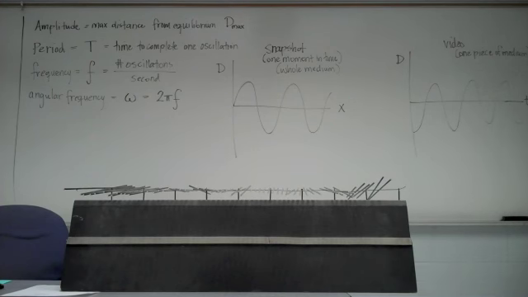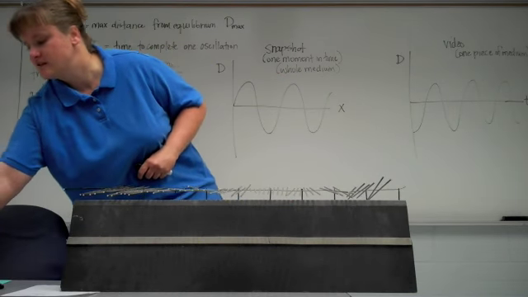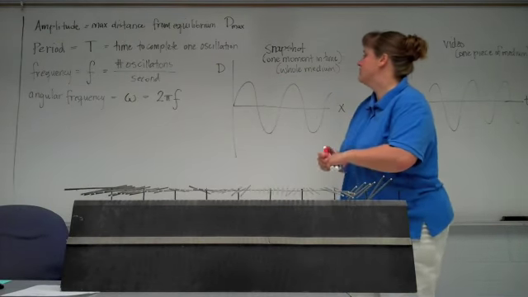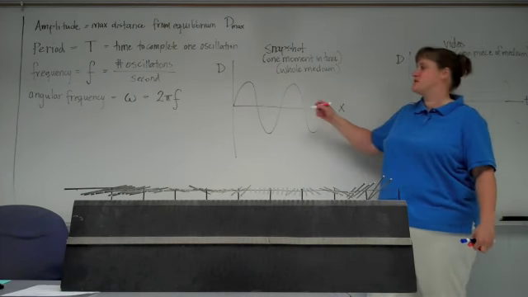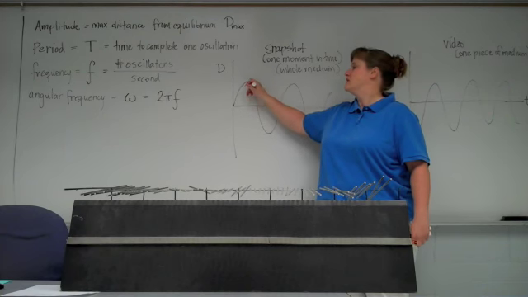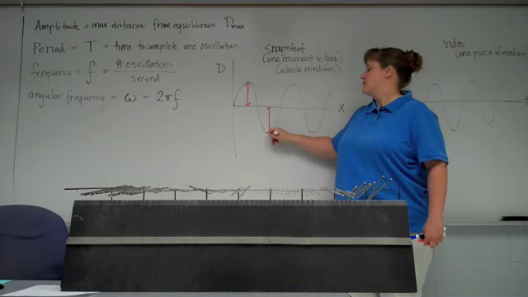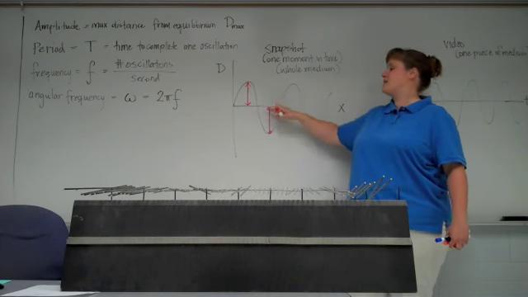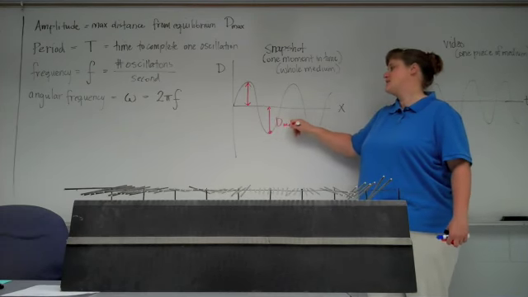We can get different pieces of information from these graphs. In both cases, the axis represents the equilibrium position. So from equilibrium position, either up or down, is our amplitude.